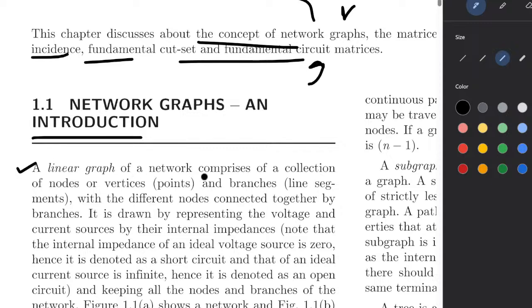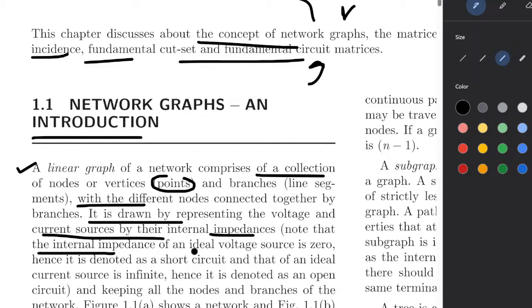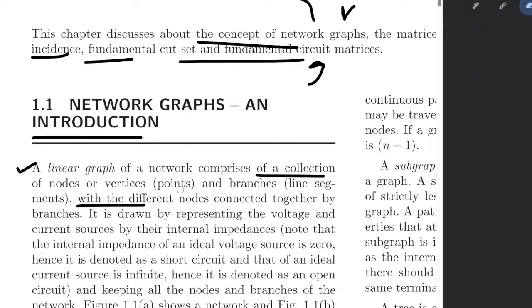A linear graph of the network comprises a collection of nodes, or vertices, and branches. Vertices are the points, and different nodes are connected together by branches. It is drawn by representing the voltage and current sources by their internal impedance. The internal impedance of an ideal voltage source is zero, so keep this in memory.